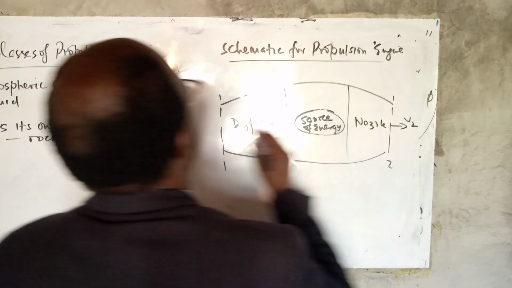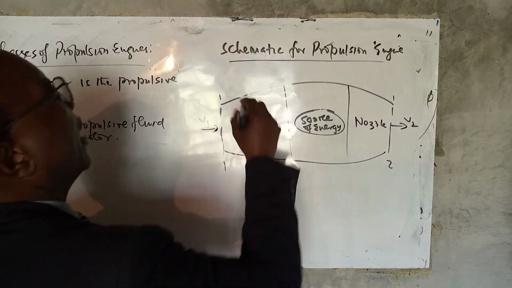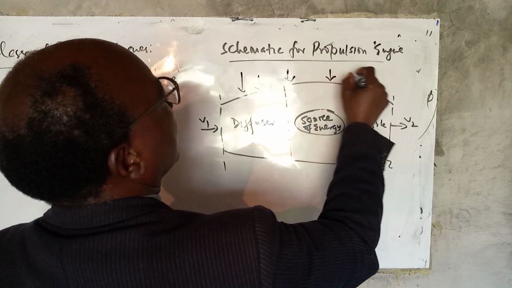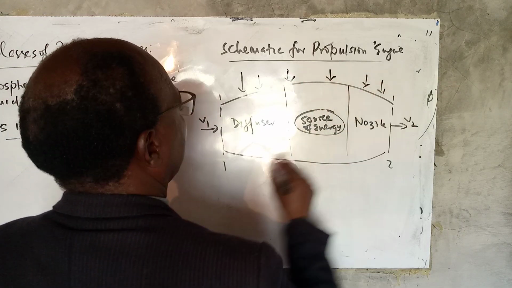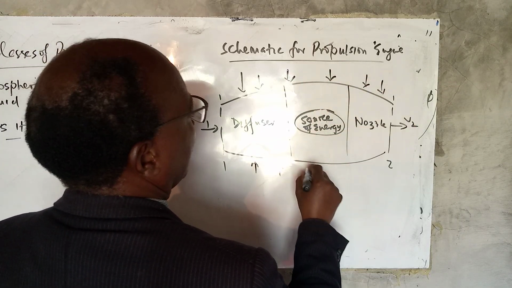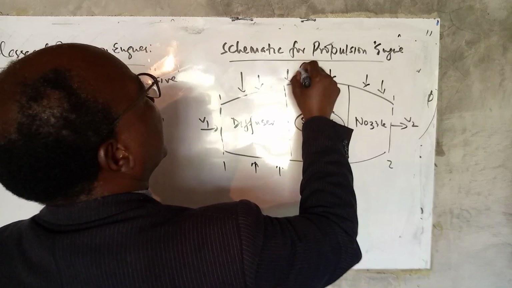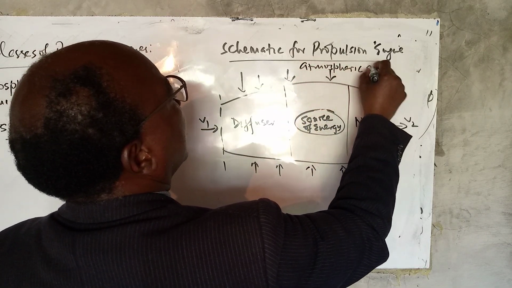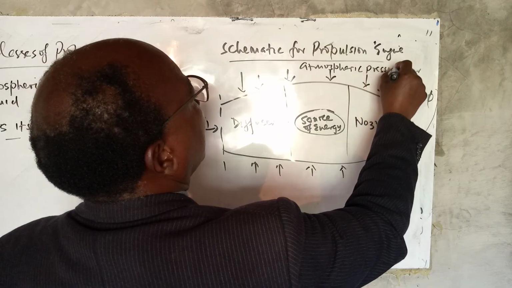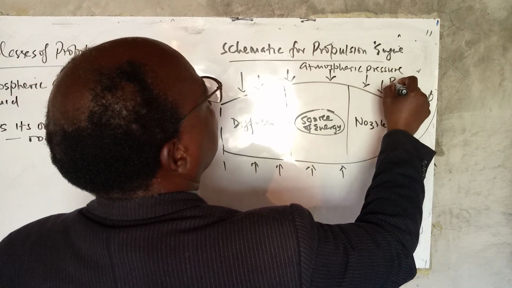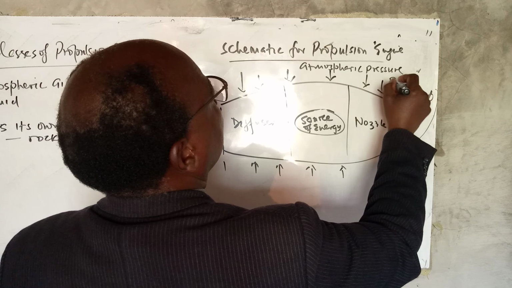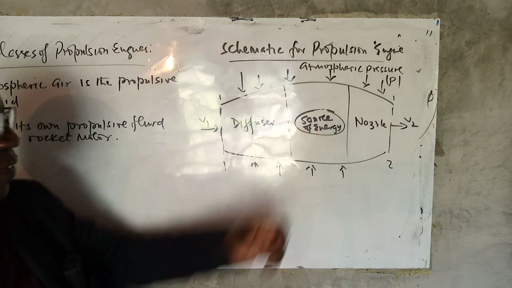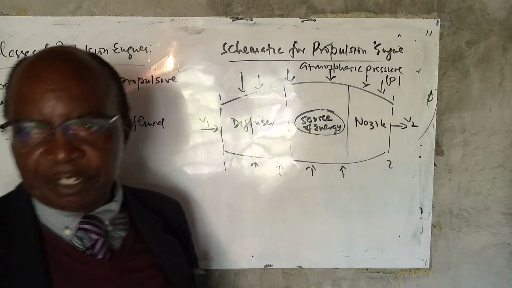That's V2, velocity 2. And of course, we have atmospheric pressure. What is P? So we have a diffuser, a source of energy, and a nozzle.